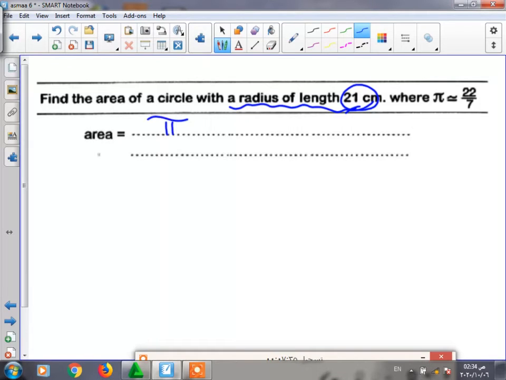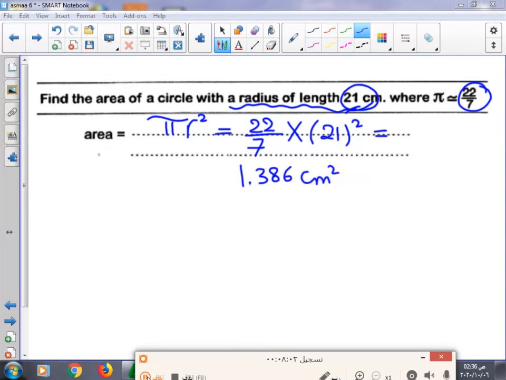First step, write the rule pi r power 2 equals, take the value of pi and put the new value, which is equal to 22/7, multiplying times the value of the radius all to the power 2, 21 to the power 2. The result will be 1,386 squared centimeters.